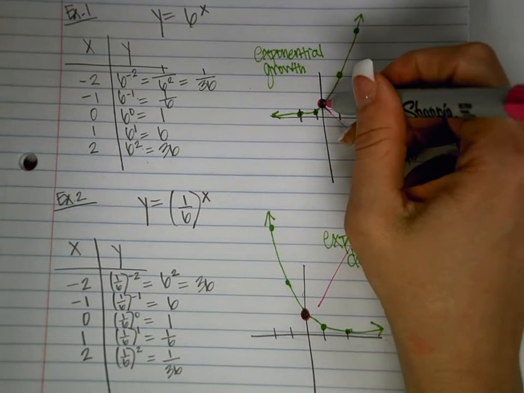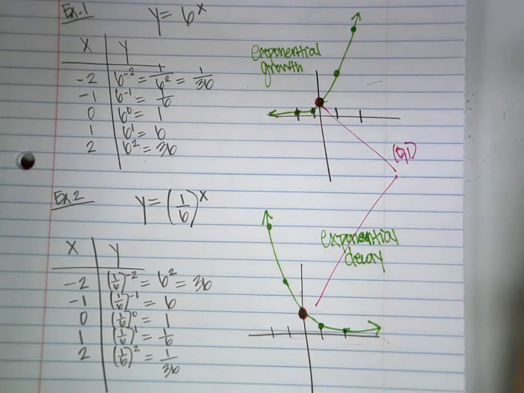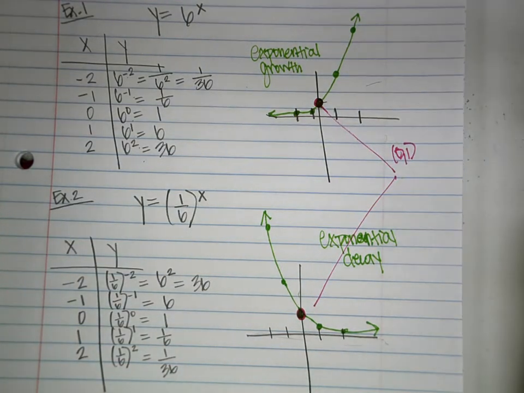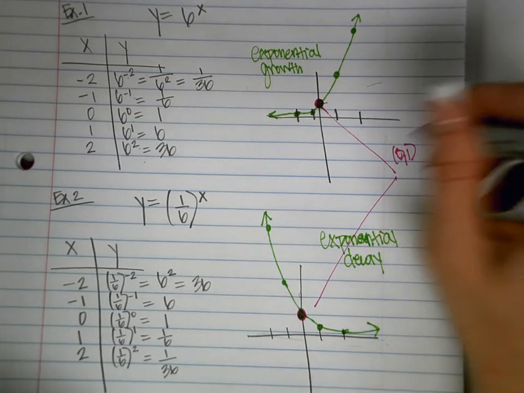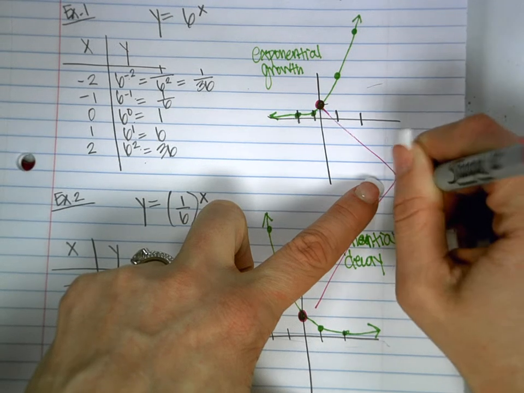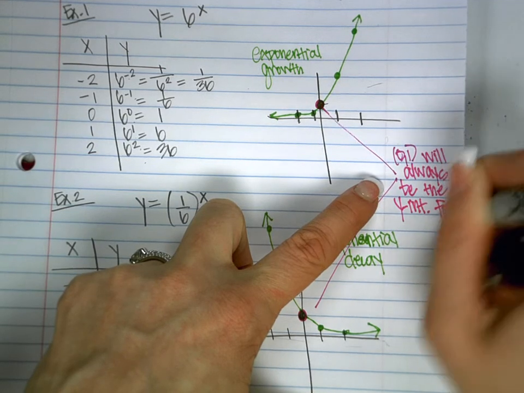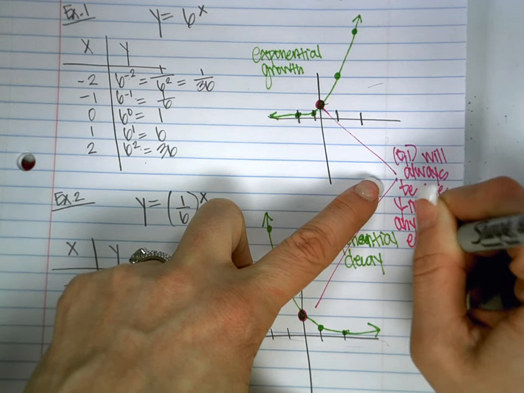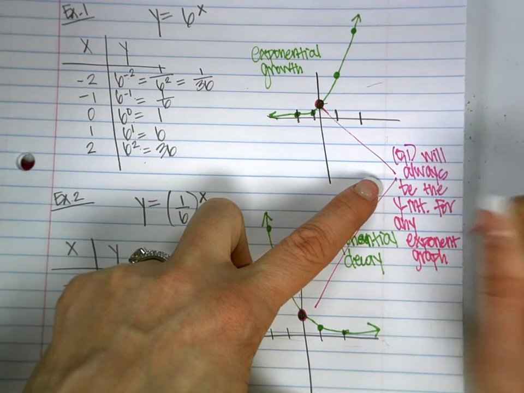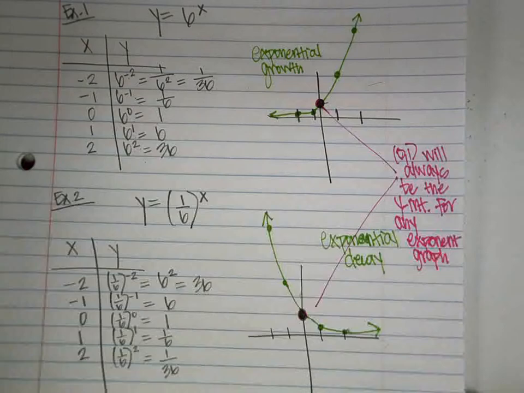What do we call this point right here? We have the x-axis and the y-axis. So what's it called when a line crosses the y-axis? It's called a y-intercept. 0, 1 will always be the y-intercept for any exponential graph, no matter what.